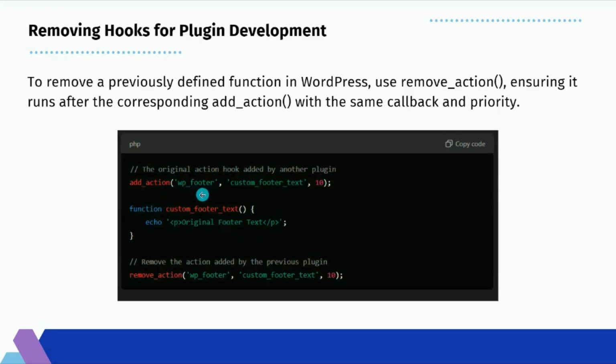For example, they have an existing add_action wp_footer. If you want to remove it, you need to use remove_action and then wp_footer. That's called remove_action.